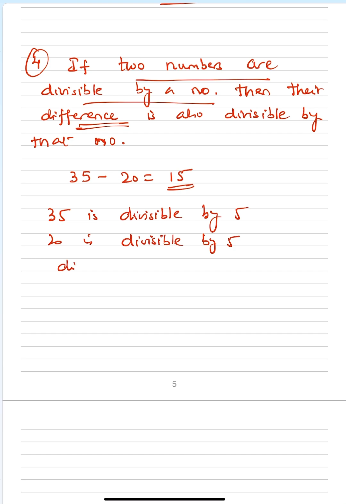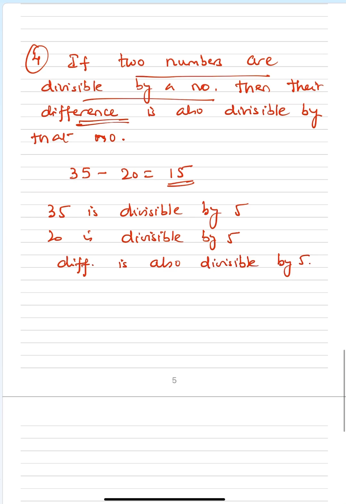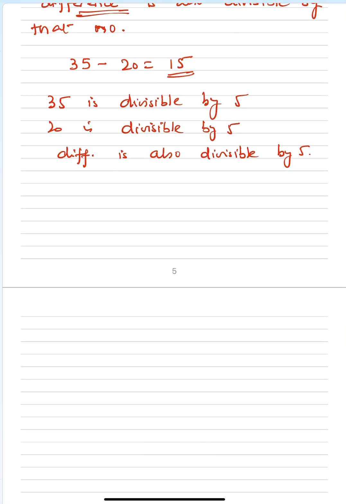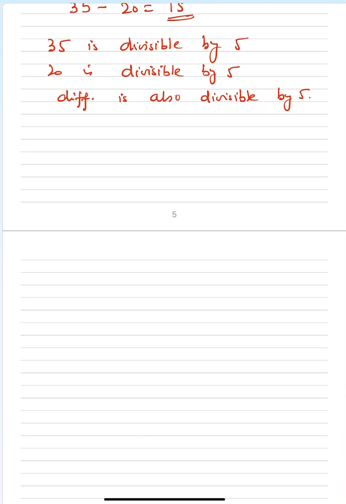Then the difference is also divisible by 5. Correct?